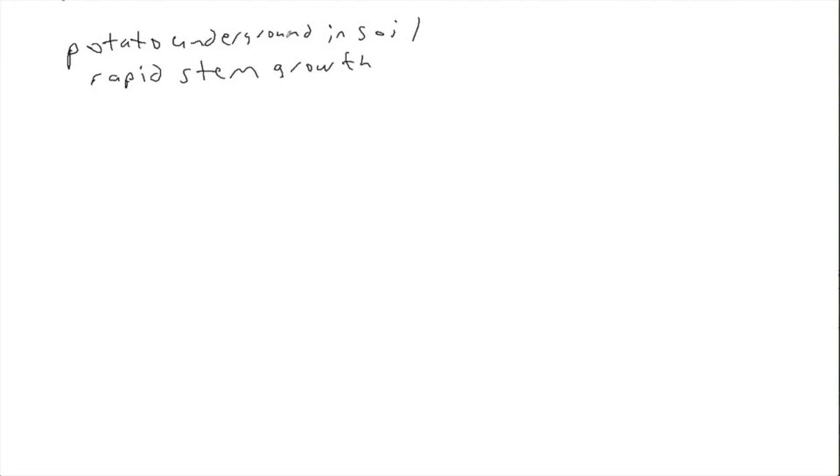So it's going to send out a bunch of thin stems to try to find where the soil ends, basically. So the potato is underground, sending out rapid stem growth to try to get those stems out of the soil. It's going to have no leaves or very minor leaves, because there's no point having leaves while you're underneath the ground.